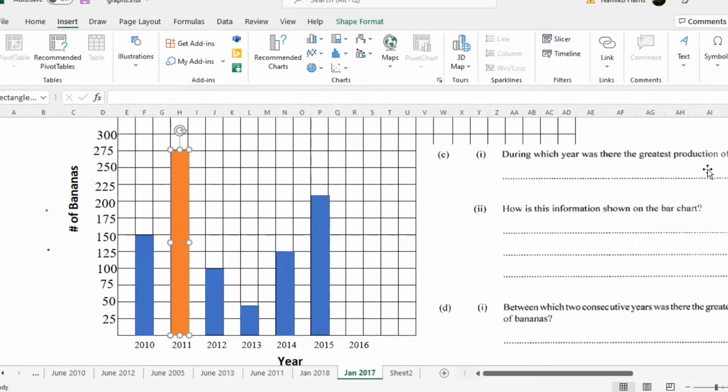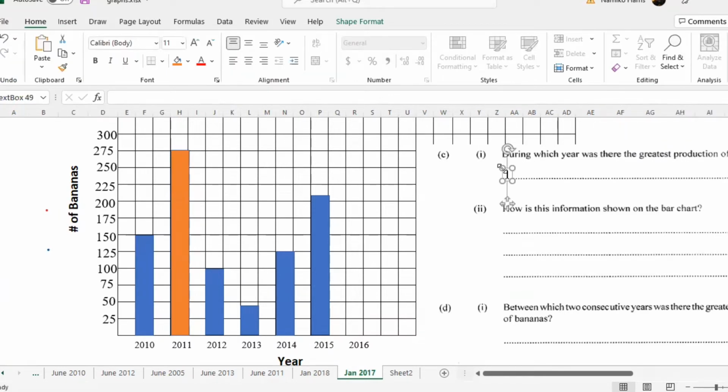So during which year was there the greatest production of banana? So we'll write 2011 is the year when there was the greatest production of banana. So that is our answer.